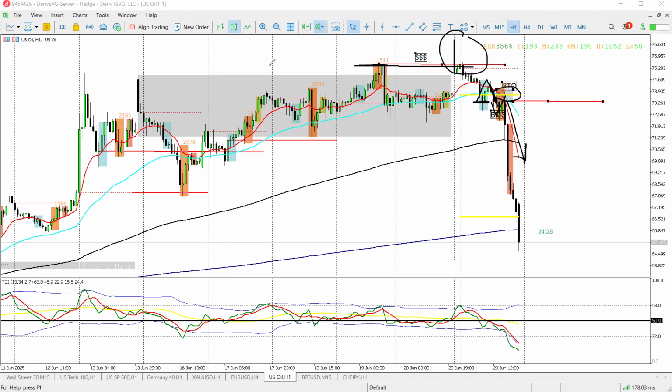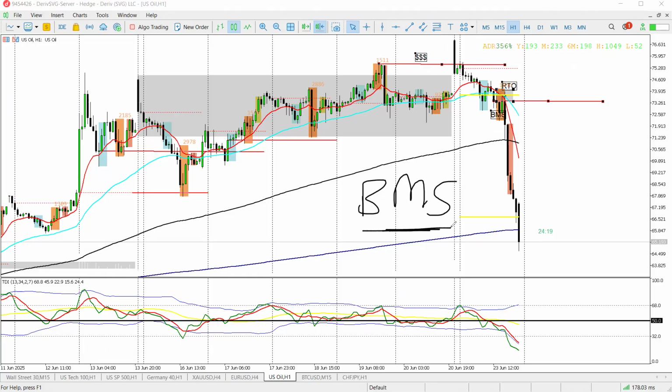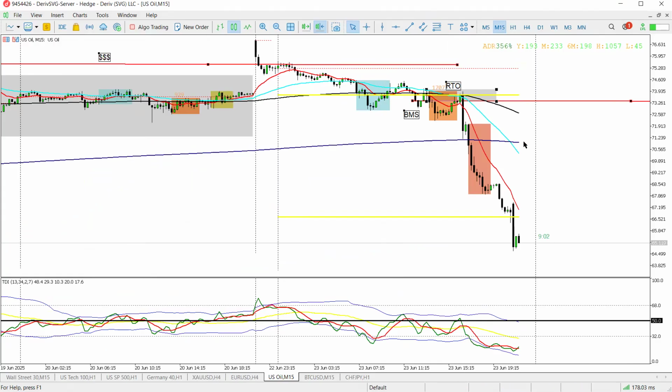So if you feel like you don't understand market structure, try to identify the BMS. Once you can identify a break in market structure, especially after a stop hunt, after a liquidity sweep, it becomes a little bit easier to actually trade. The only thing you need is patience to wait for price to retrace either into the OTE or into the RTO.